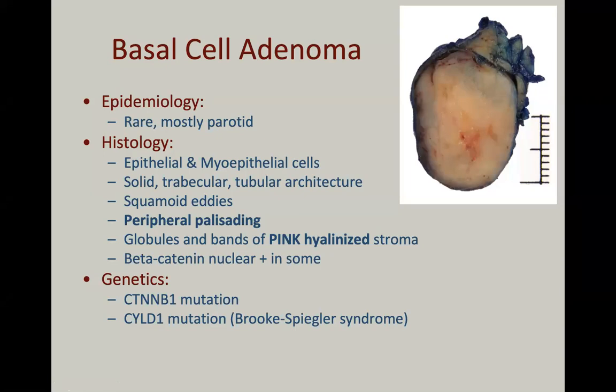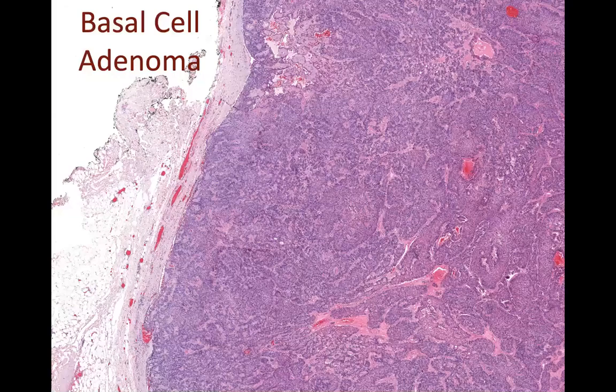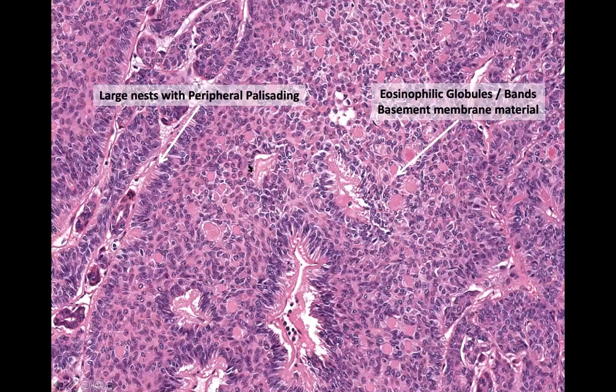So basal cell adenoma is a circumscribed neoplasm, which is very so-called blue or basaloid, because its cells have large nuclei and high NC ratios. On higher power, you can see it's defined by these nests with peripheral palisading, by these very pink or eosinophilic basement membrane globules.